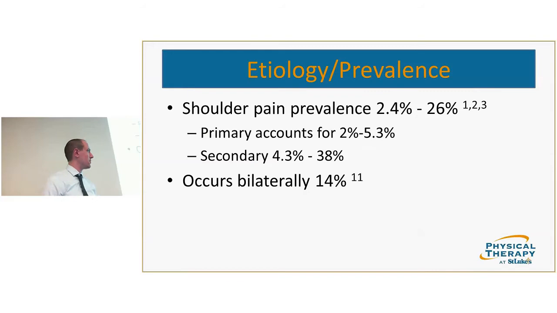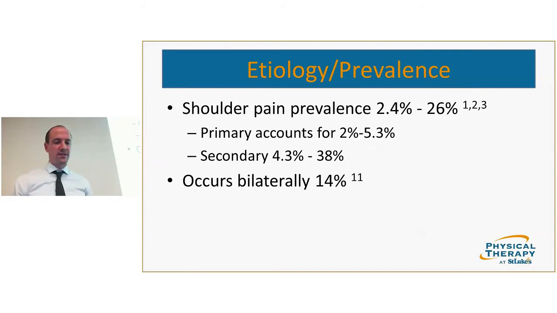So some background on shoulder pain. The overall prevalence is between 2.4% and 26% just for general shoulder pain. The primary adhesive capsulitis will account for a small number of that, and the secondary has a pretty broad range, which can include 4.3% to 38%, depending on what kind of study you're looking at.